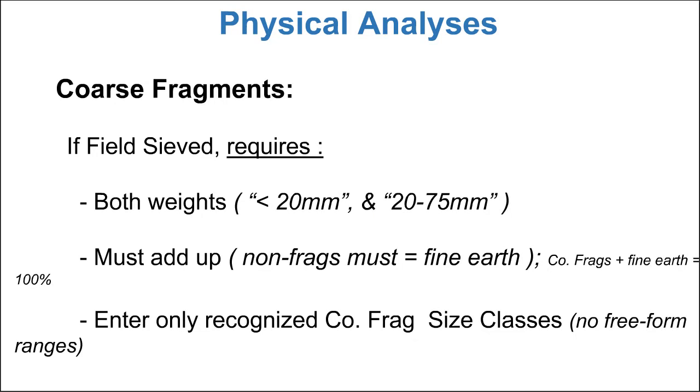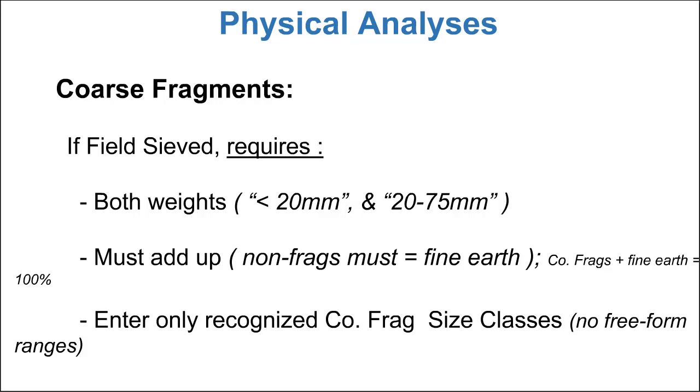Now, a couple of comments on coarse fragments. You have the option of sieving in the field. Typically, you need 300 to 400 pounds of material sieved to get an ASTM recognized statistically valid value for 75, 76 millimeter rock fragments.